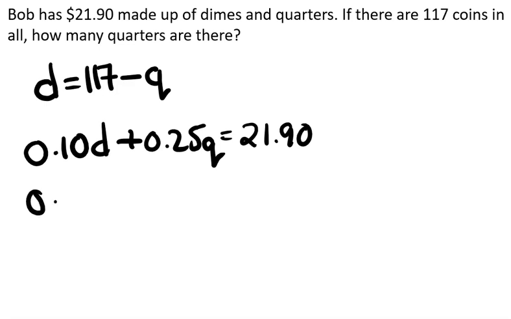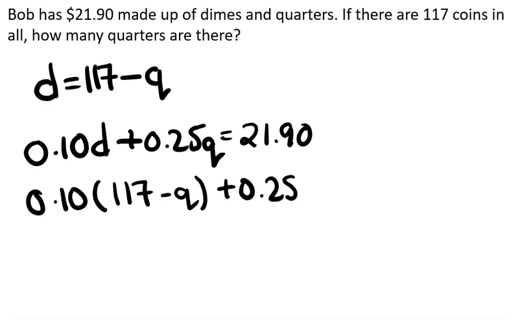So, here we have 0.10, in parentheses 117 minus Q in place for D, plus 0.25Q is equal to $21.90, or 21.90.